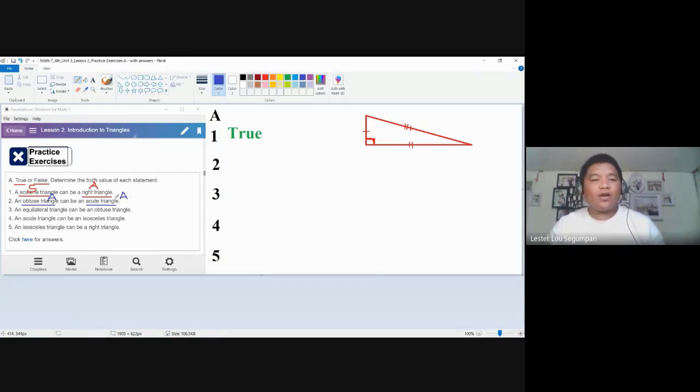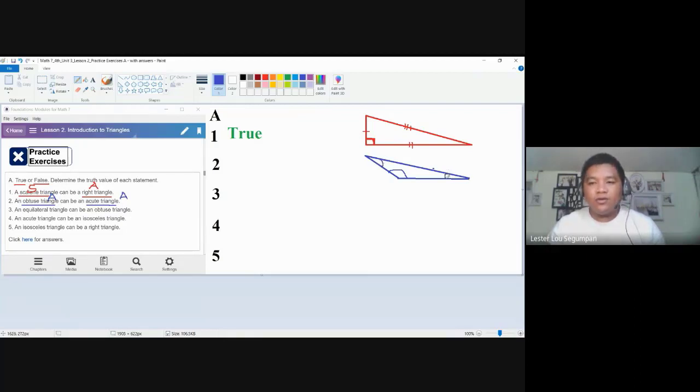Take note that if you talk about an obtuse triangle, one of its angles is obtuse. So the possible form here for number 2 is this one. It has an angle which is an obtuse angle. But if we talk about an acute triangle, it is a type of triangle wherein all of its interior angles are acute. Yes, this is acute.